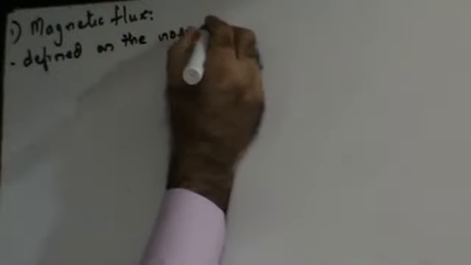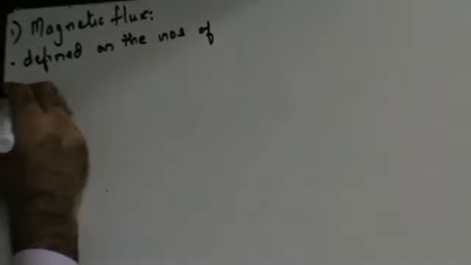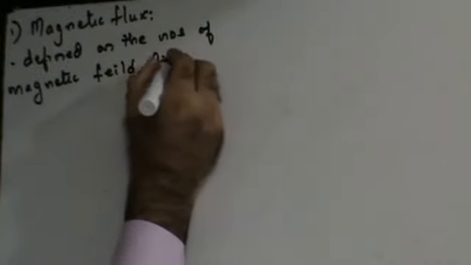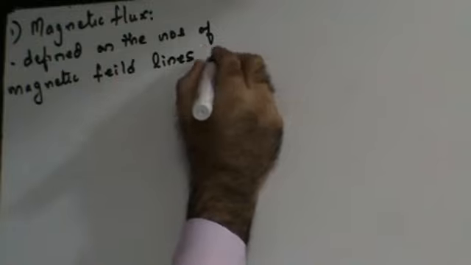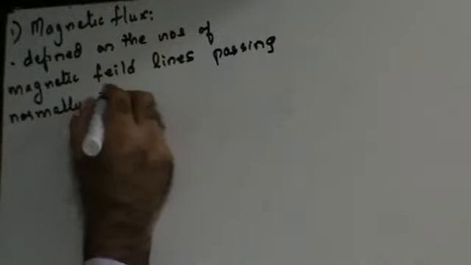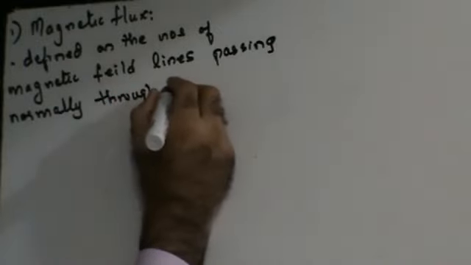Now, magnetic flux is defined as the number of magnetic field lines passing normally through a surface area.